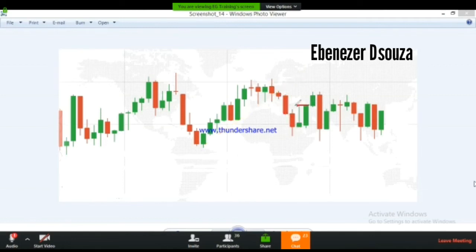The new high is showing us the buying pressure in the market, because after this candle we can expect a low, but instead of a low we are seeing a high. There is no low point and we are seeing a high point. Here low point, low point, low point, low point, and after this candle there is no low and we are seeing a high. So this is the new high. The new high is showing us the buying pressure in the market.